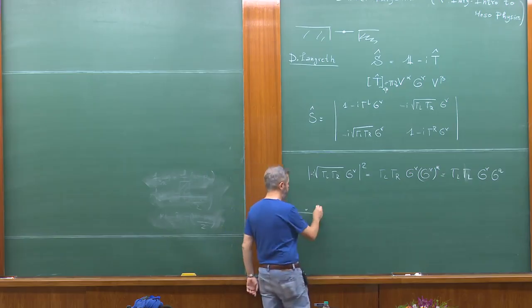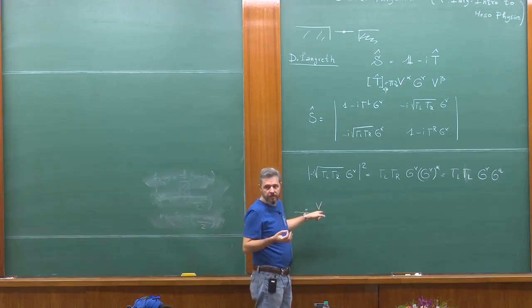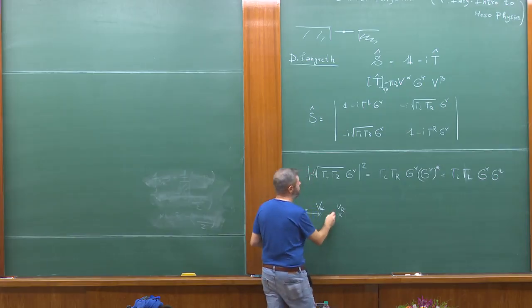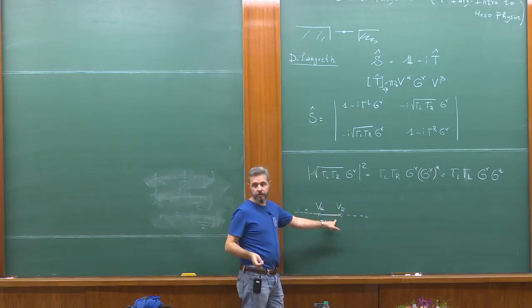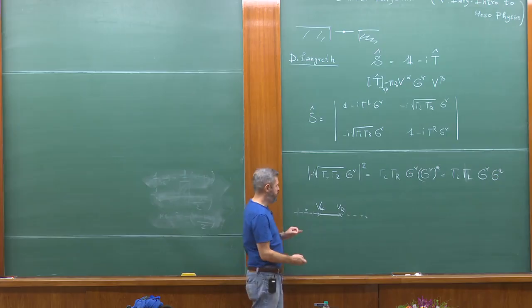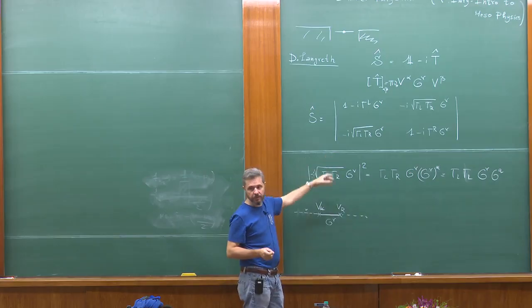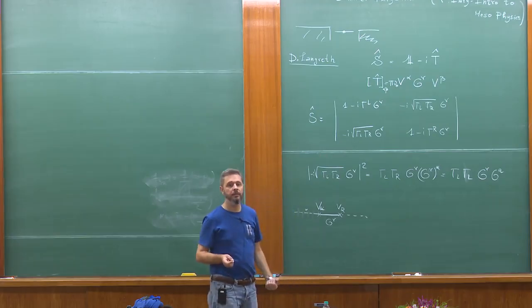So the scattering matrix element should be the tunneling vertex, V left, times V right, times the Green function of the scattering region, because you have to create it in the scattering region and then remove it from the scattering region. And this is G retarded. So you have to do the calculation, but the result is quite obvious, up to the minus i.